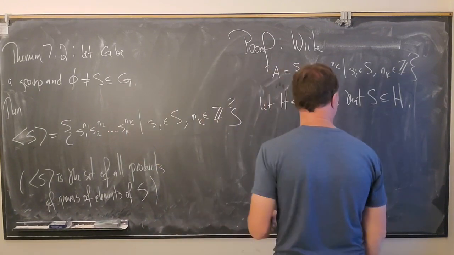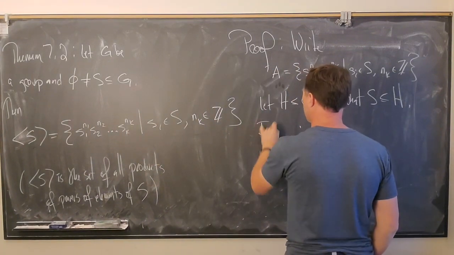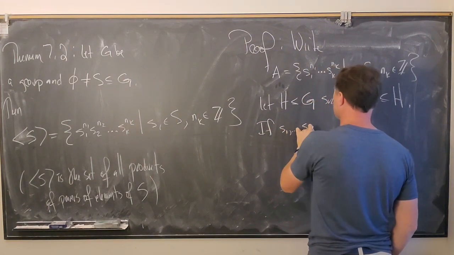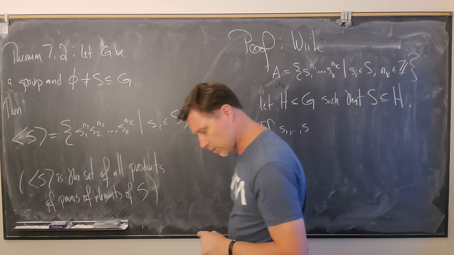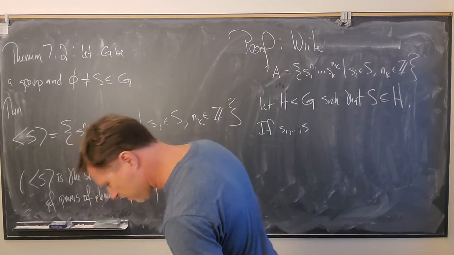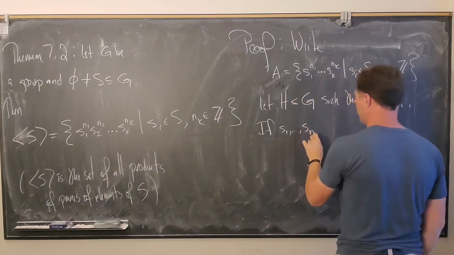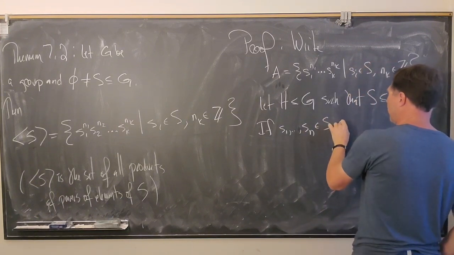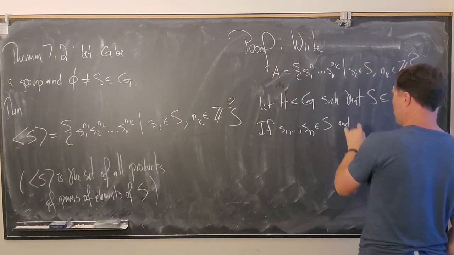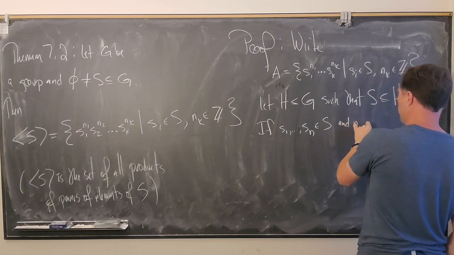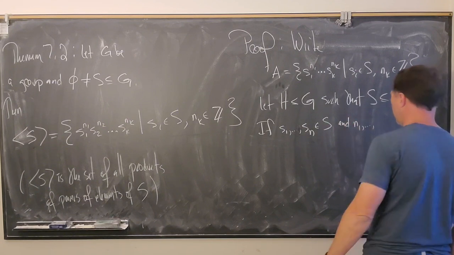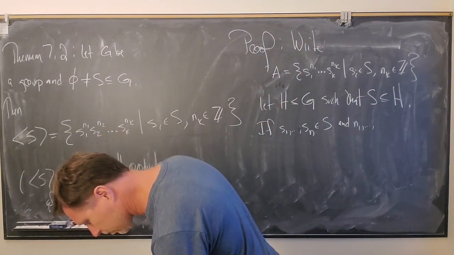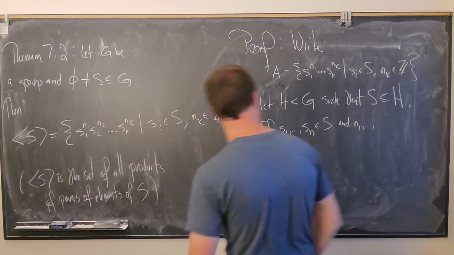Now, if we take, let's say, S1 up through S sub N, if we take some elements of capital S and some integers, N1 up through... okay, I can't use an N here.